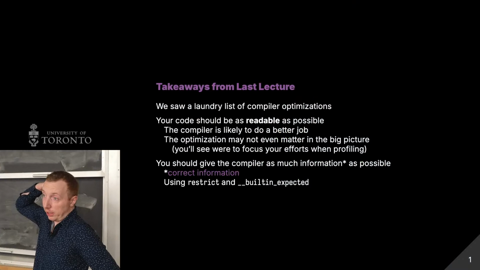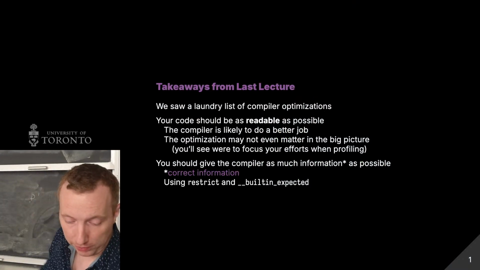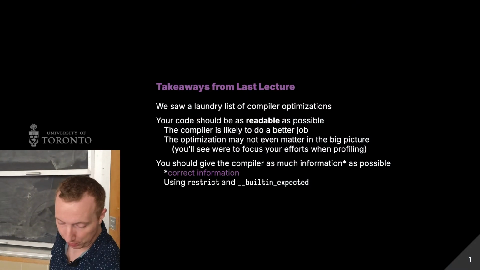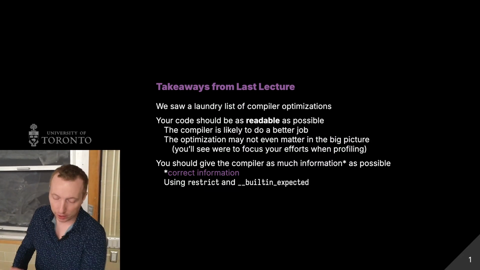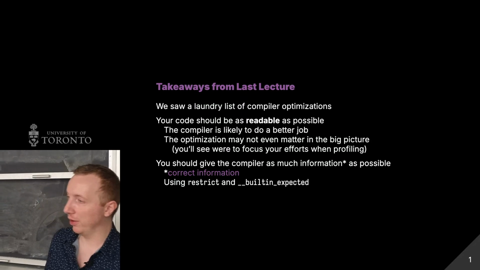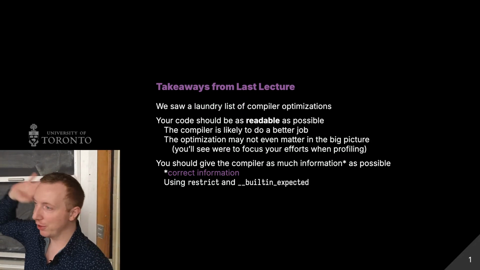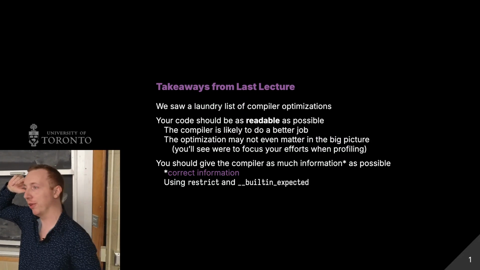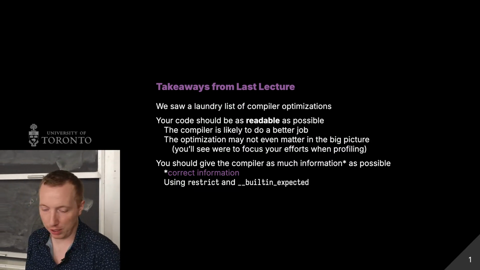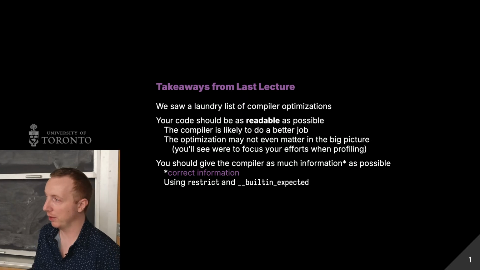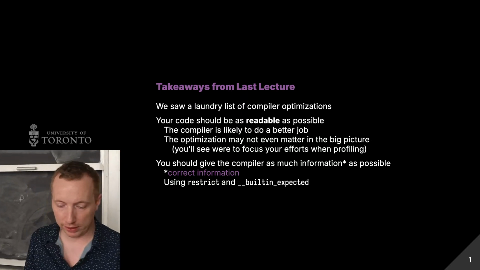So takeaways from last lecture. We saw an absolute laundry list of compiler optimizations. The too long didn't read of that one is you should just concentrate on making your code as readable as possible. The compiler is likely to do a better job than you, with simple optimizations, moving code around, things like that.